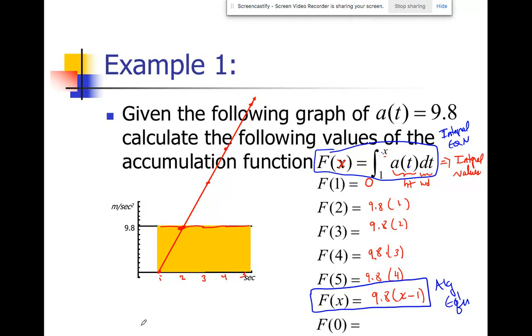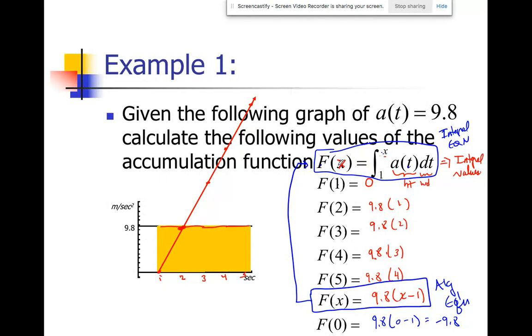As a matter of fact, what's my domain? I've used integer values 1, 2, 3, 4, 5, but if I get a rule for any x, can't I plug in anything like 0? Let's do the algebra first. What would 9.8 times 0 minus 1 be? Truth? What happens if you did it up here? If they're the same, they have to give you the same values.